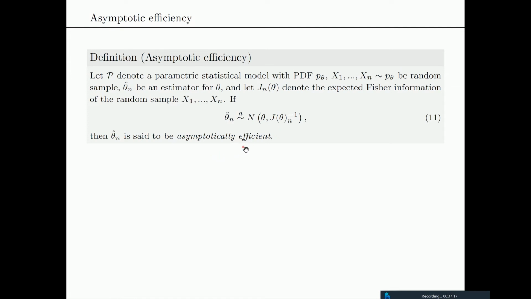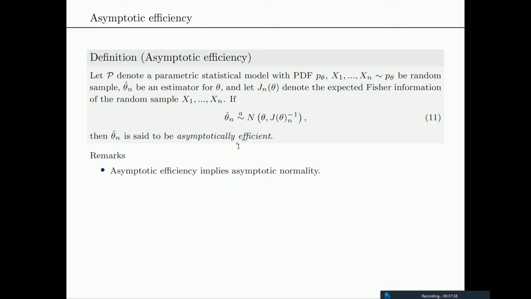So as previously in the overview, asymptotic efficiency means asymptotically normal plus expectation parameter is the true but unknown parameter plus variance parameter is the inverse, or the reciprocal, of the expected Fisher information. So this is what asymptotic efficiency means.